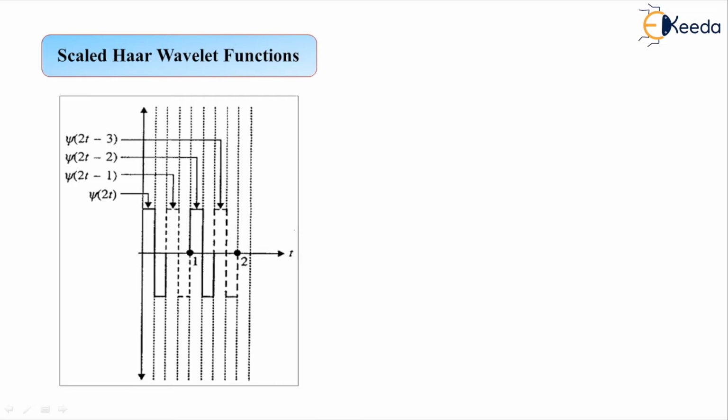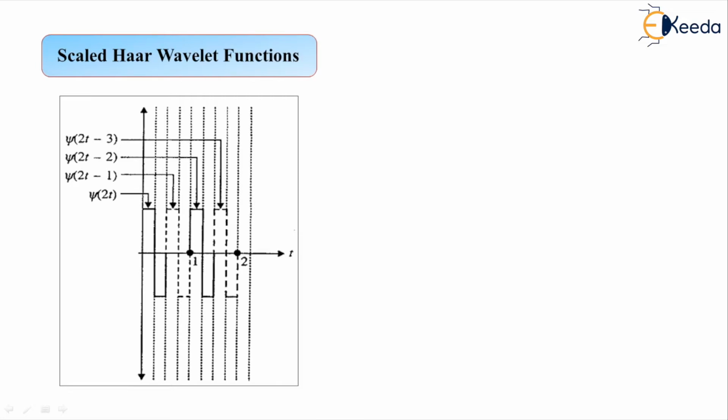The answer is no. We are unable to re-represent a signal that is originally in the W0 functional space by using the basis functions that are part of functional space W1.